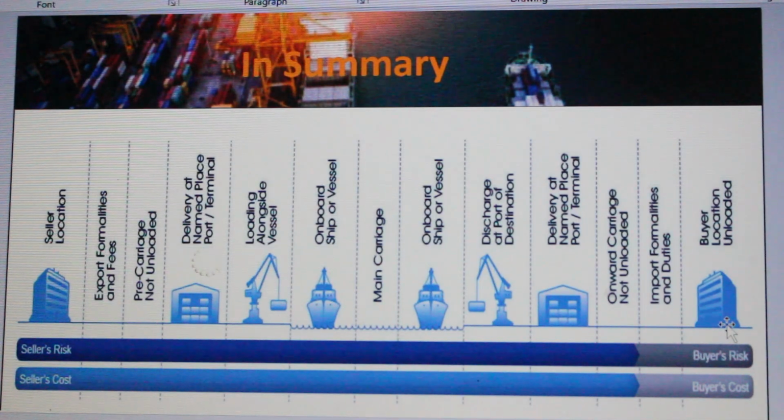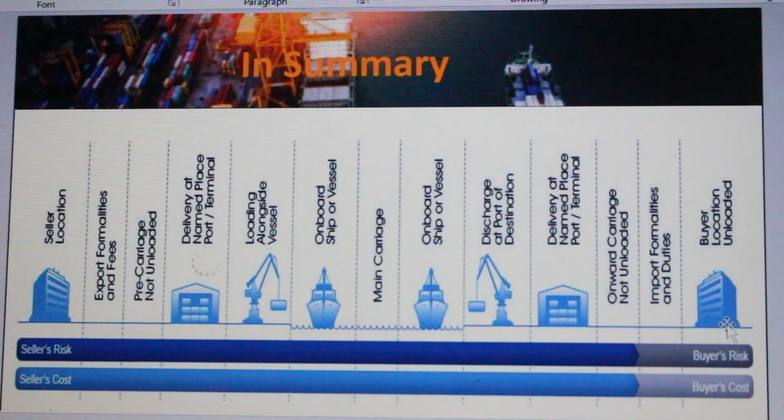So we can see from this flow the risk and the cost of the seller up until onward carriage, not unloaded this time. For the previous rule that we discussed, the seller is responsible for the charges of unloading the goods. But here, that is not the same thing.